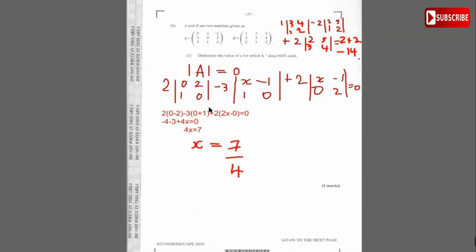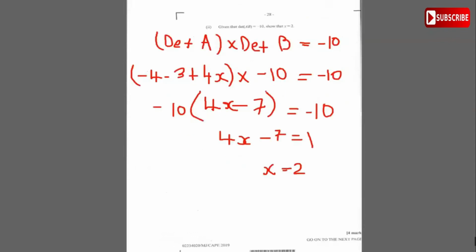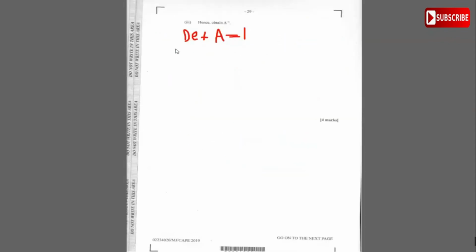That can help us to find the value of x, since 4x minus 7 is 1. Oh, we just found x now. We said that x was 2. And so since x is now 2, we now know the matrix A with the determinant being 1.